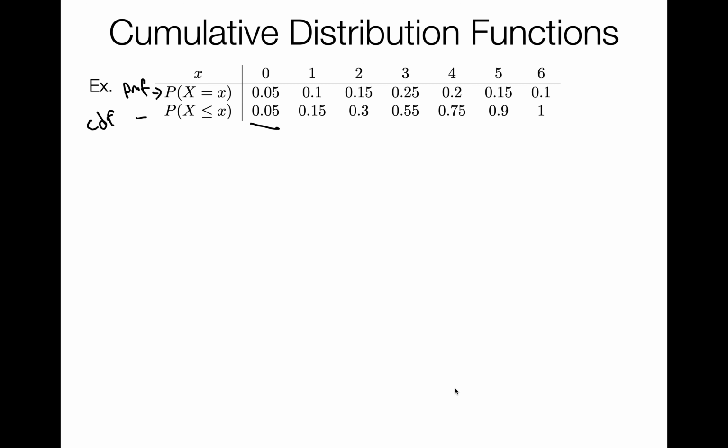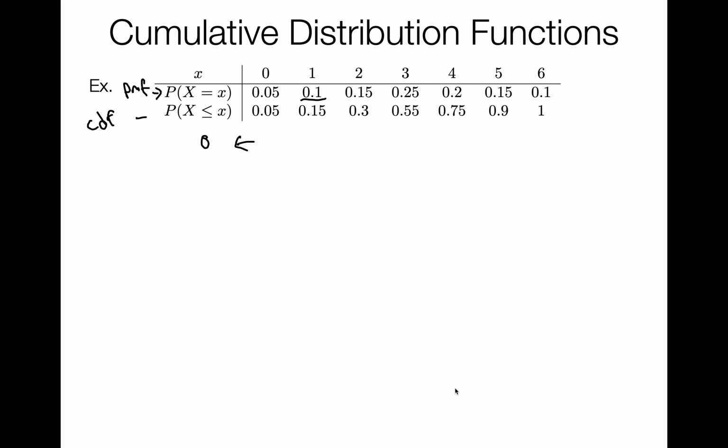So when we see our first value, 0, our CDF is going to jump up from 0. So before, lower than 0, if we could go left, it would always start at 0. But we only start it in tables where we see the first value. So it jumps up to 0.05. And then if you look at 1, the CDF of 1 adds up what it's at, 0.1, and previous, so 0.15.